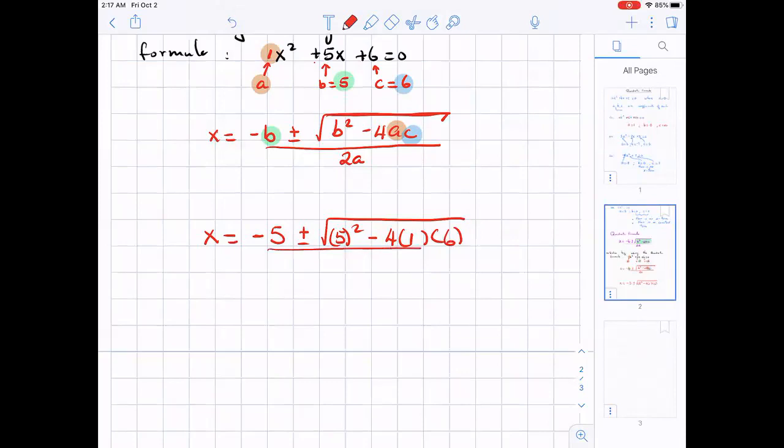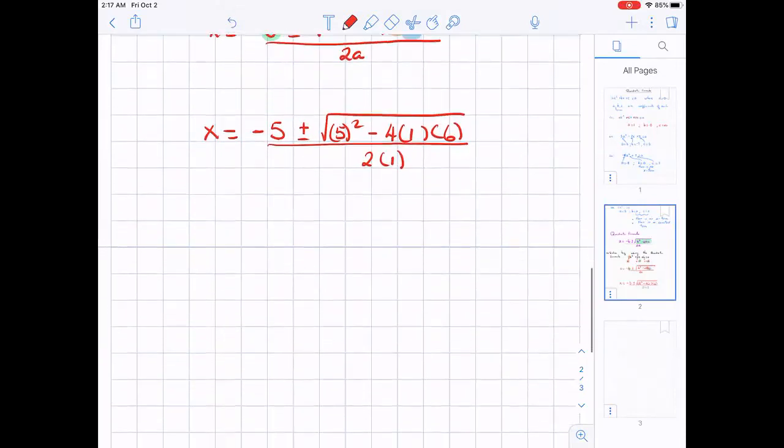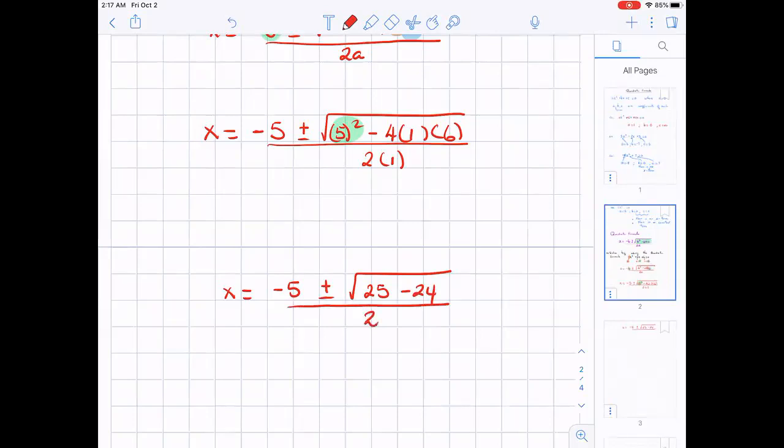All of that divided by 2 times 1. So we continue, minus 5 plus or minus the square root of, if you square b, that becomes 25. And if you multiply minus 4 times 1 will be minus 4, times 6 will be minus 24, everything over 2 times 1, which is 2.